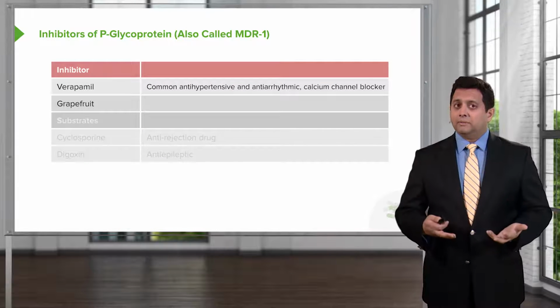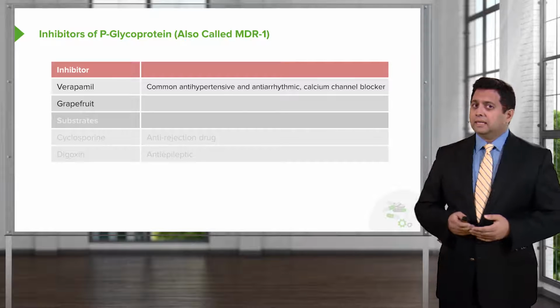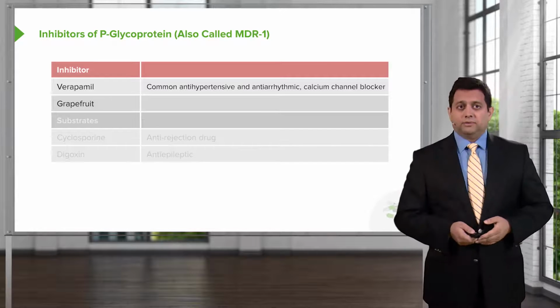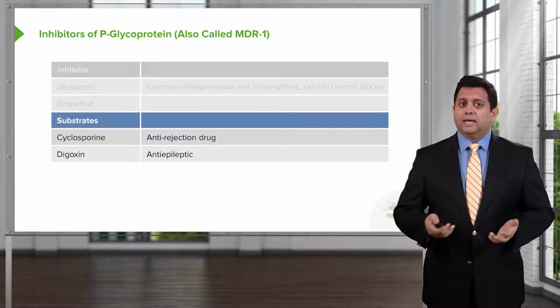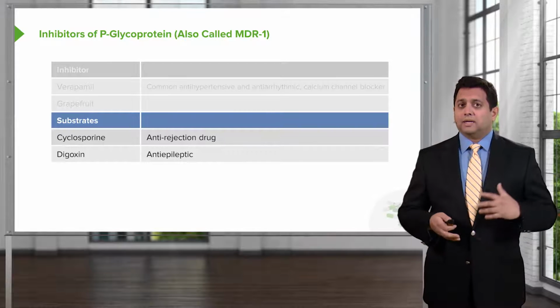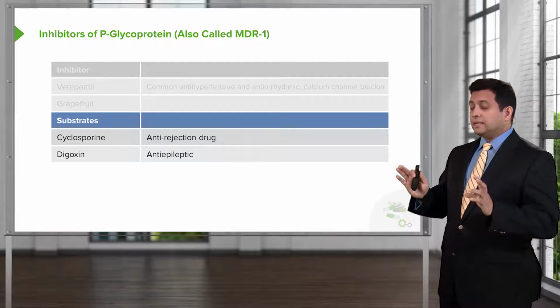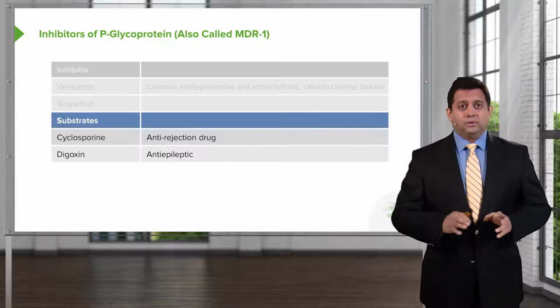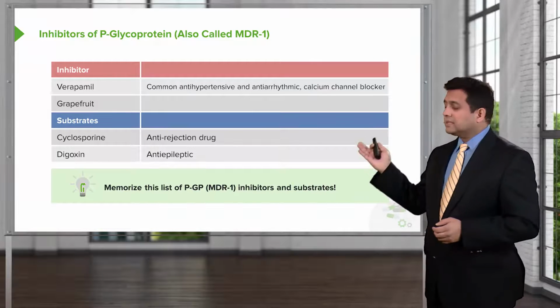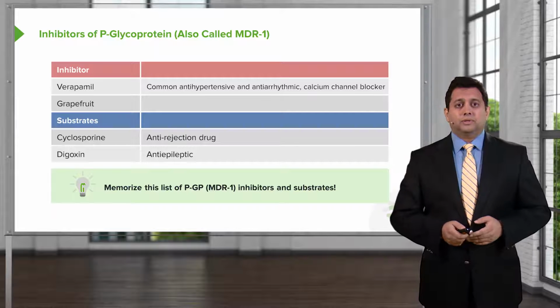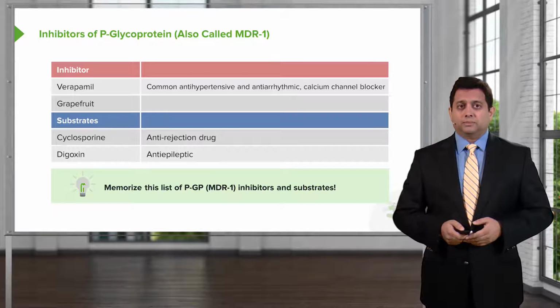So here are inhibitors of P-glycoprotein, verapamil, and grapefruit. And substrates of P-glycoprotein are cyclosporin and digoxin. So cyclosporin can be affected quite significantly by grapefruit or by verapamil. You need to memorize this list of P-glycoprotein or MDR1 inhibitors and substrates.